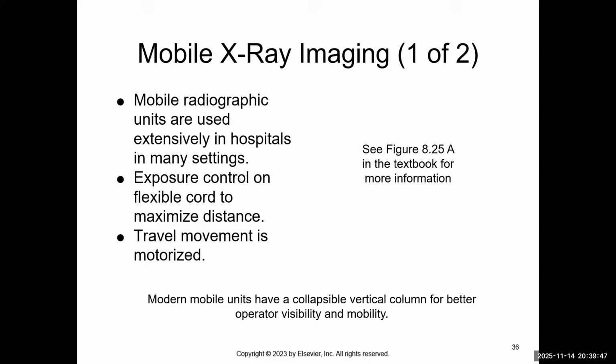They are on wheels. The C-arm is also considered a mobile unit, but in most cases, when we're talking about mobile radiography, we're just talking about the portables. So we've made a decision that it will be better to take this unit to the patient's bedside versus bringing that patient to us. That might be because of the patient's condition.